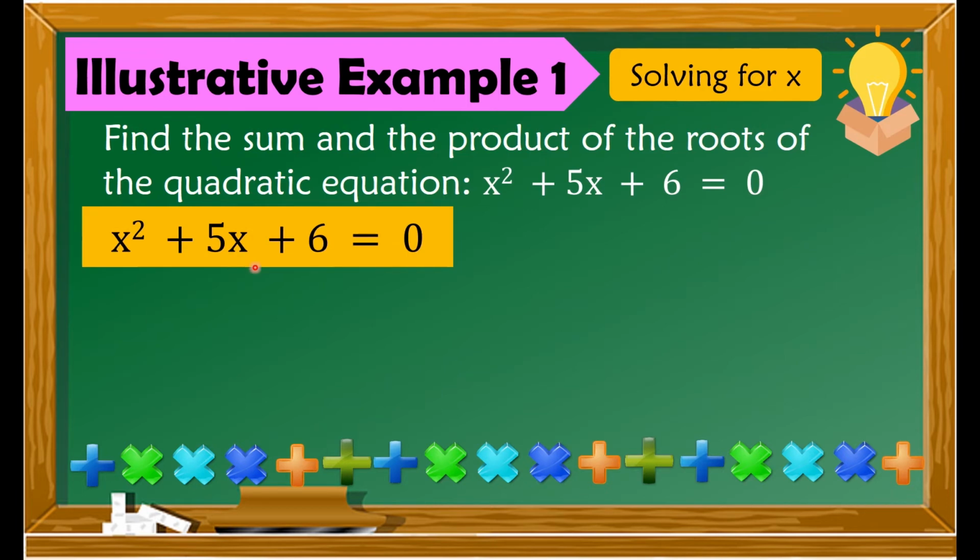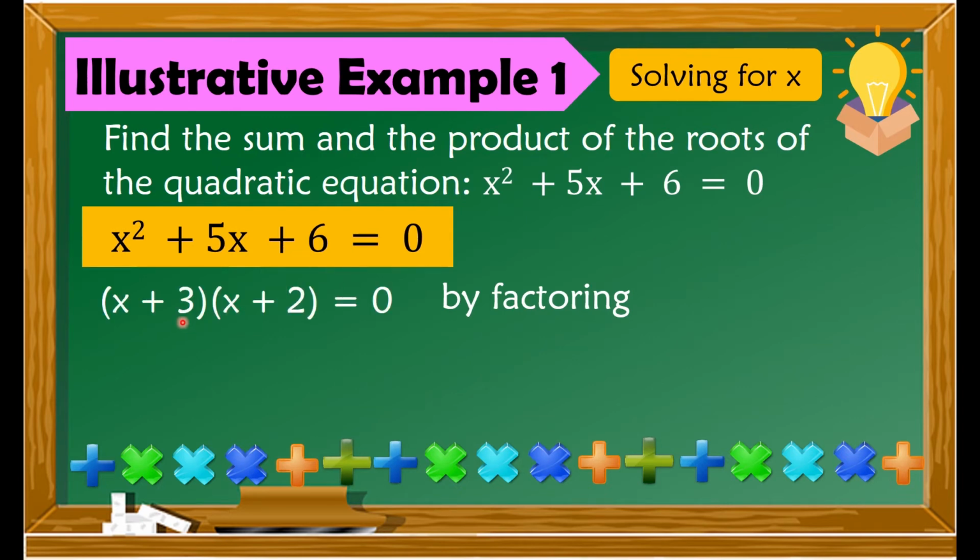Now, we can use factoring just to solve for this. So, by factoring, we can think of the values or factors of 6, which is 3 and 2. Because when you add 3 and 2, you have positive 5. And remember, they are both positive. Therefore, the value or our signs will be positive. You have here x plus 3 times the quantity of x plus 2 is equal to 0.